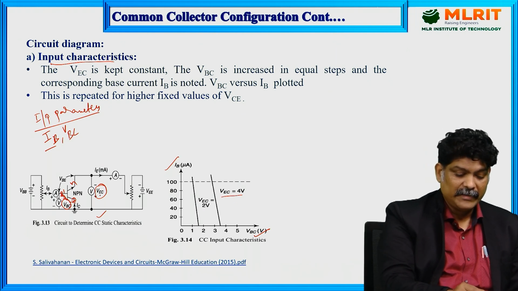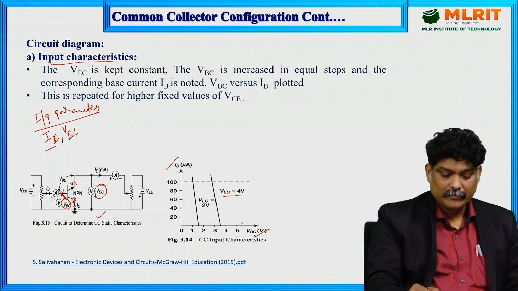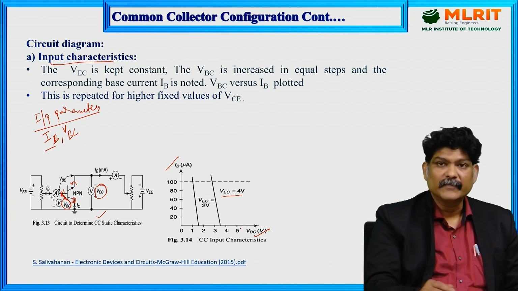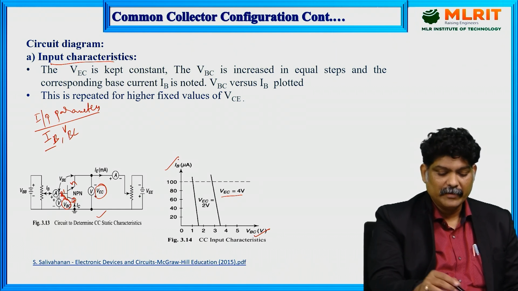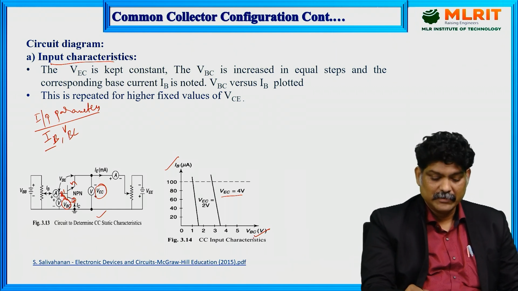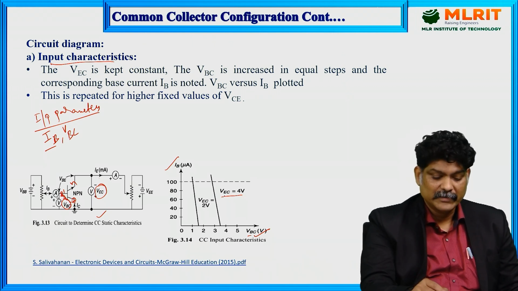Here the emitter terminal is at top polarity. So we can say input characteristics is the graph drawn between input voltage, that is VBC, and input current IB for fixed values of output voltage VEC.